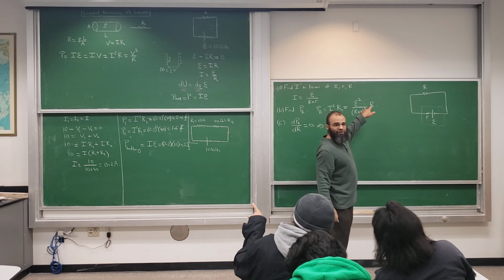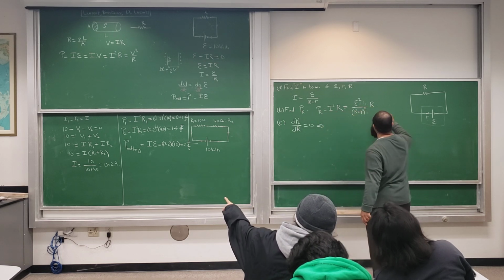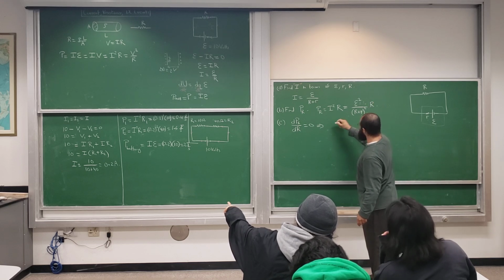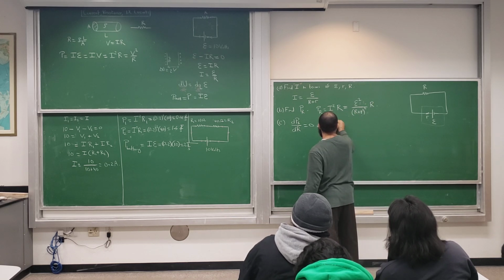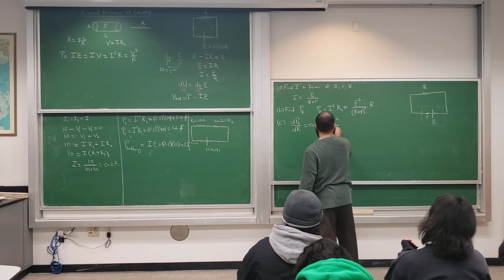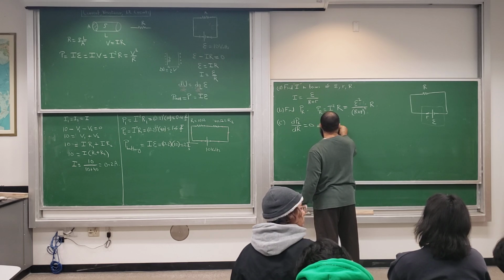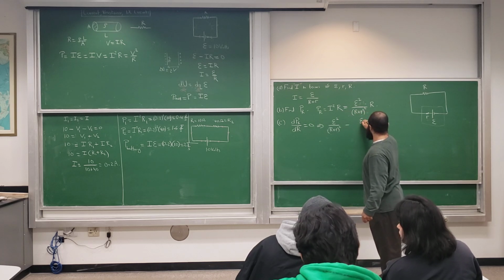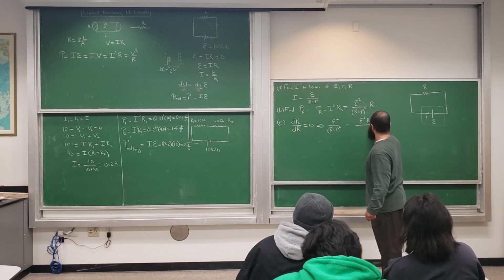I have to take this derivative, and let's start with this. It's a product, so the derivative of this is 1. And minus the derivative of this, we have... isn't it plus?